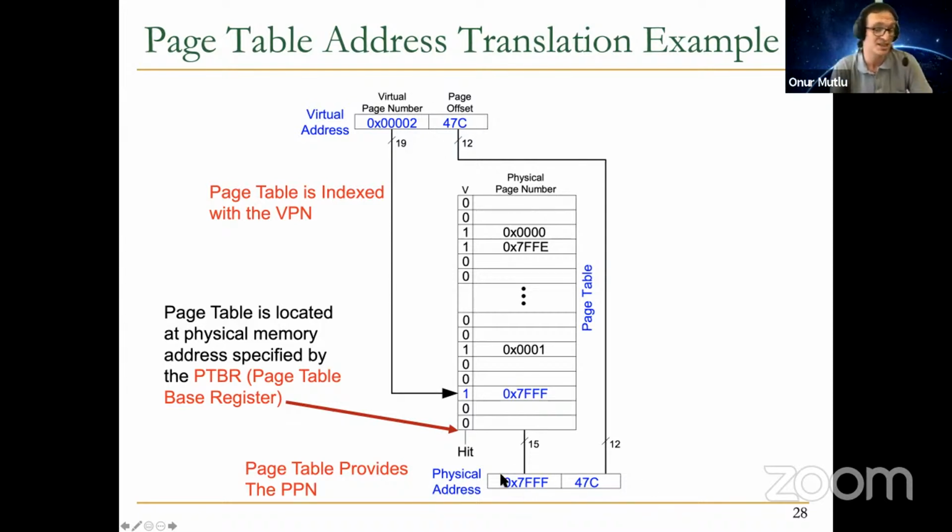So that's how you do the translation. If the page table entry at the virtual page number coming from the virtual address is valid, you replace the virtual page number with the physical page number that's inside the page table entry, and that's your physical address concatenated with the page offset. And now you can access your cache hierarchy. Okay, sounds perfect, right? So page offset bits do not change during translation, as I showed you earlier.